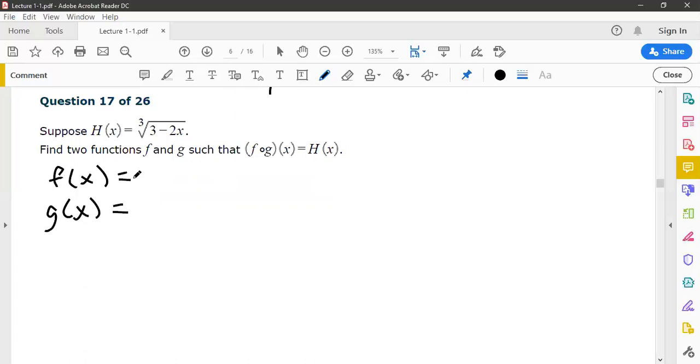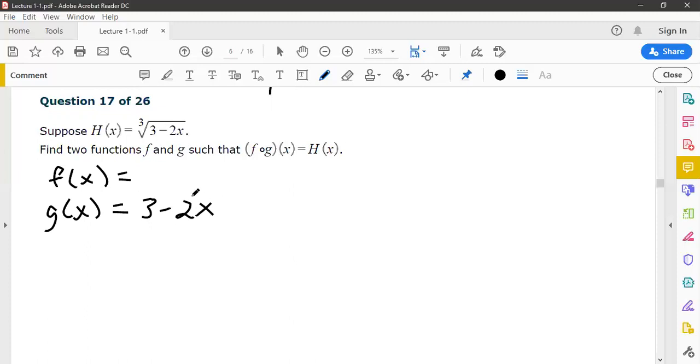So remember, we work from right to left. So the g of x would be what we plug into our cube root function in this case. So the g of x would be your polynomial, in this case 3 minus 2x.